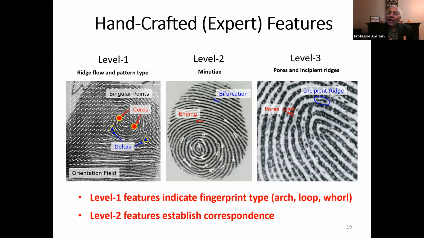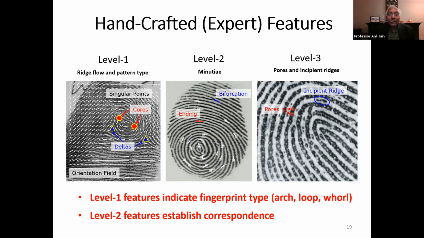Level 3 features are highly detailed, which most commercial AFIS systems do not use. Perhaps the manual forensic examiners use it to fine-tune the decisions made by the AFIS, because these are noisy features which are very difficult to reliably extract.